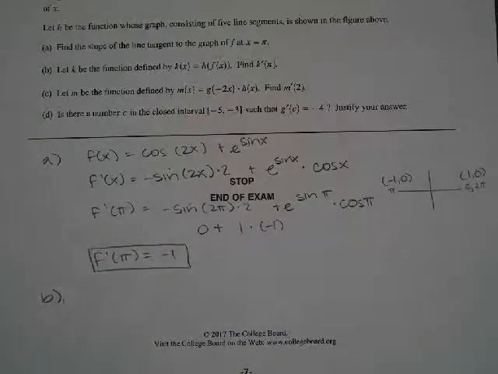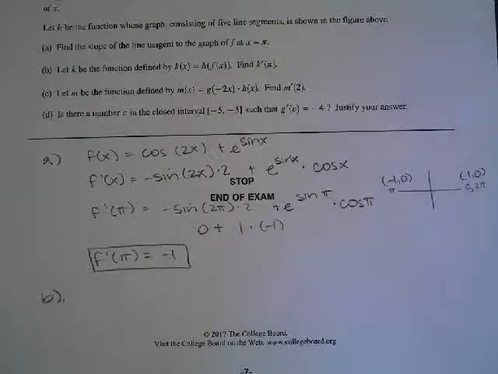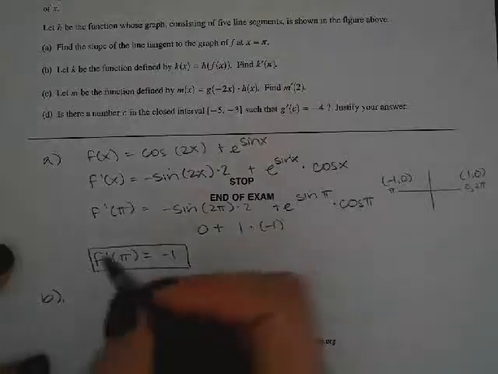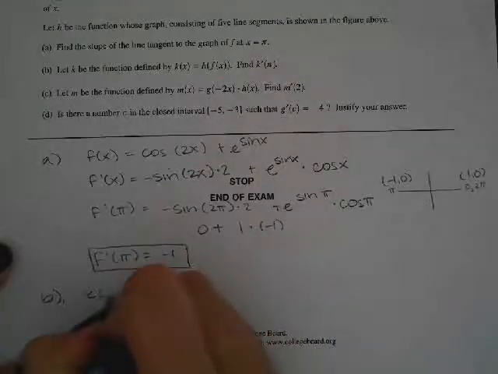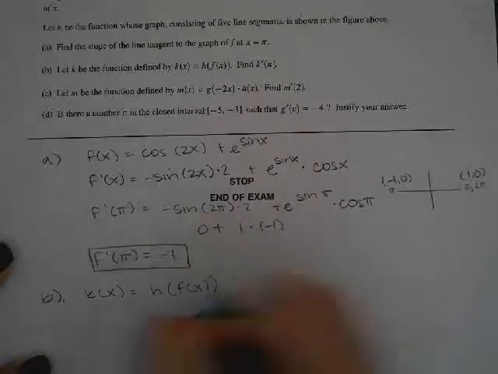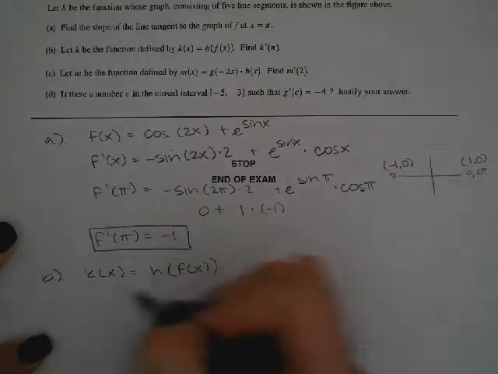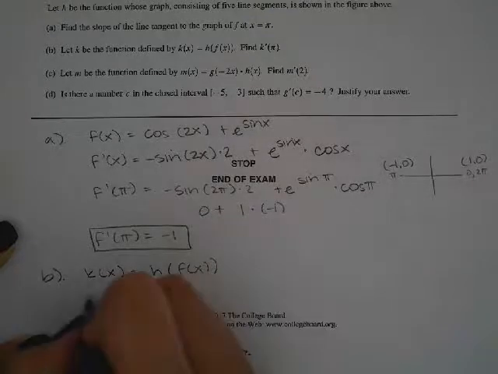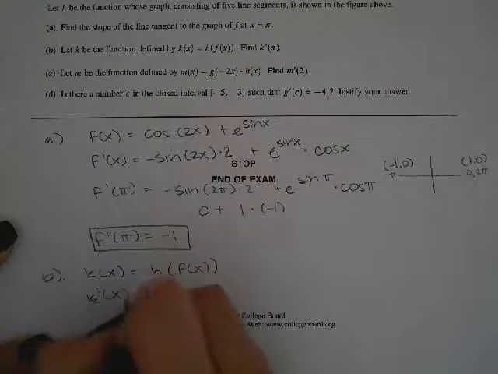All right, part B says let k be h of f of x. So for me to find k prime of pi, that means I need to find the derivative.